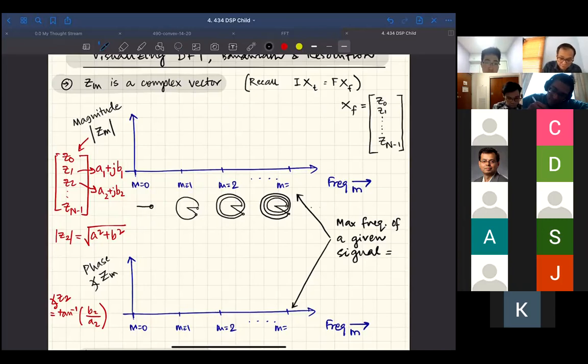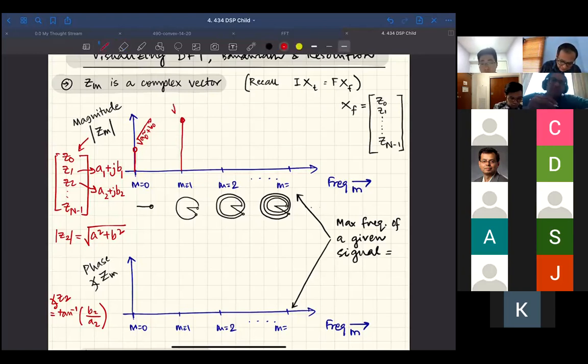Now whatever the value of Z0 is, the amplitude or magnitude of Z0, that is the value here. This is basically the square root of A0 squared plus B0 squared. Whatever that is for frequency M1, that is the value over here.